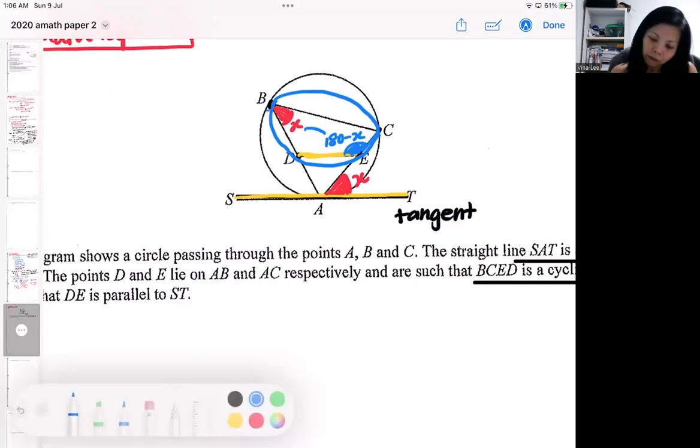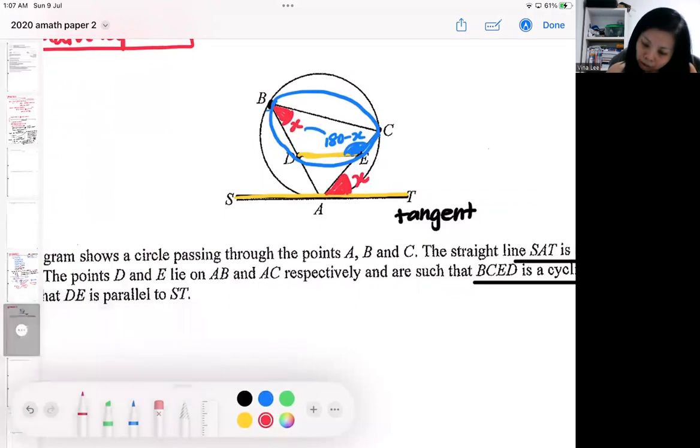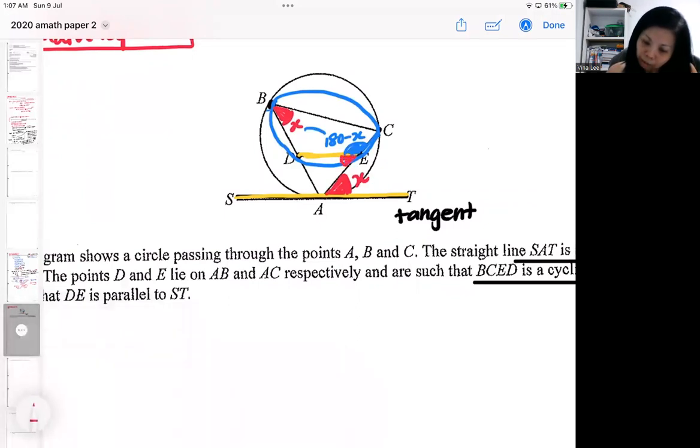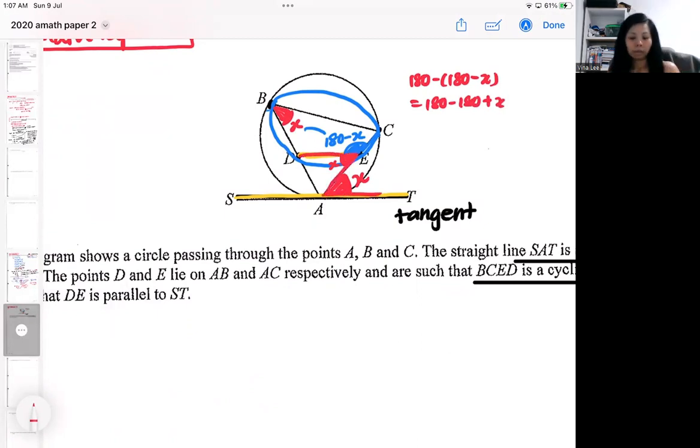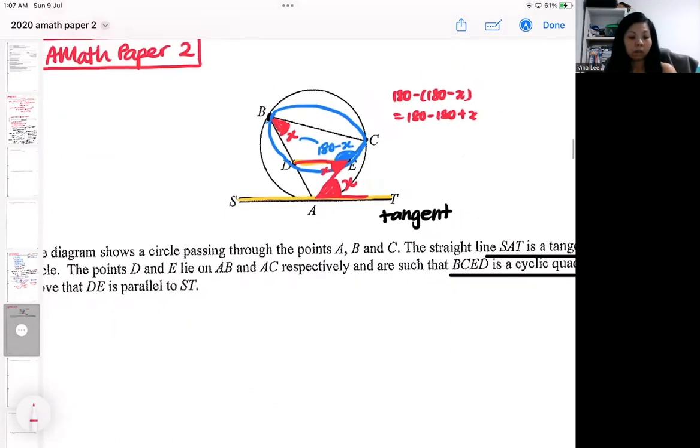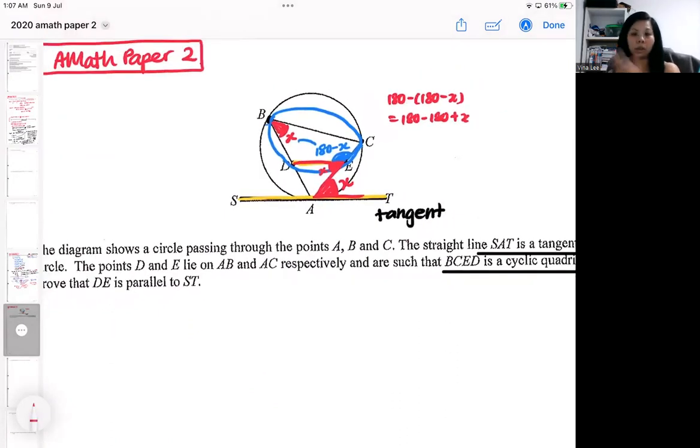After that, if I use angles on a straight line, I will get this part as x. And can you see, this is like an alternate angle. In statement wise, we will call it the converse of alternate angle.